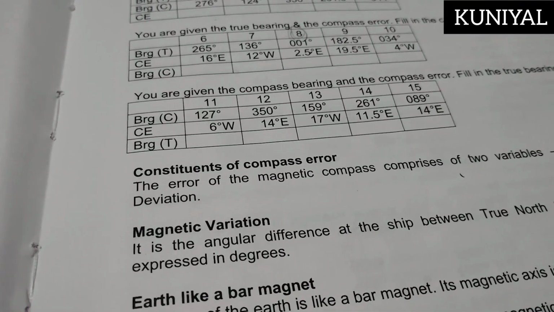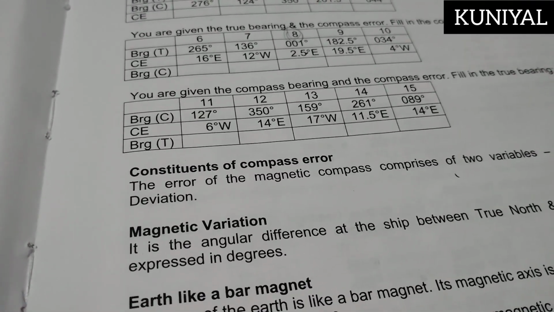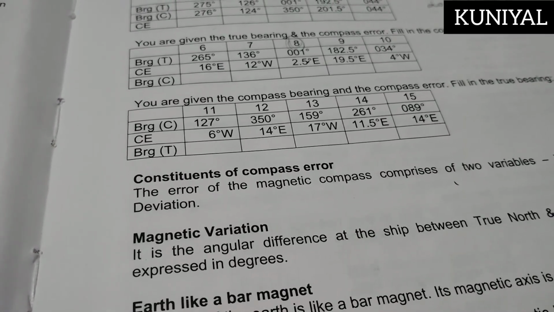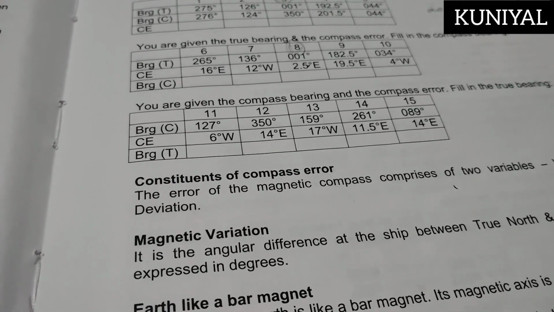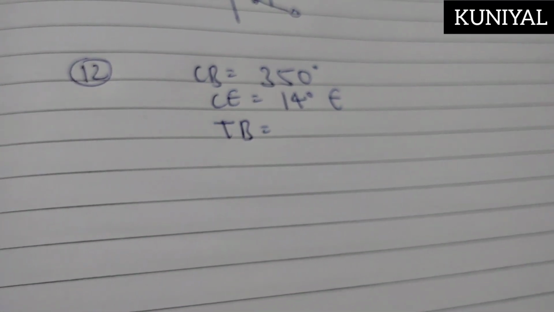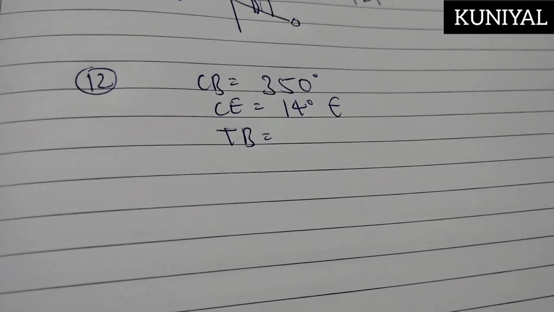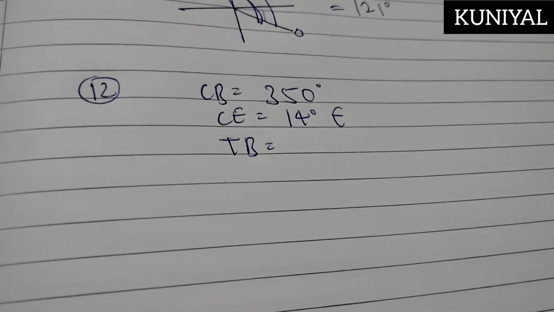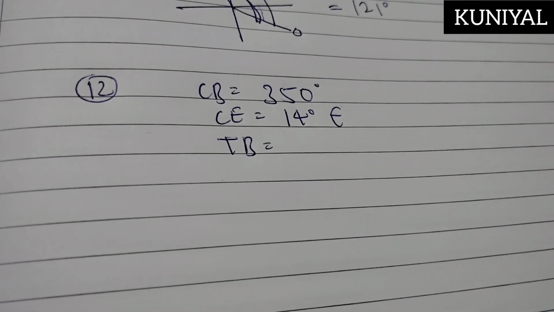Similarly for the 12th question, compass bearing is 350 degrees, compass error is 14 degrees east. So here the error is east, so error east, compass least, compass bearing least. So compass bearing will be lesser than true bearing.